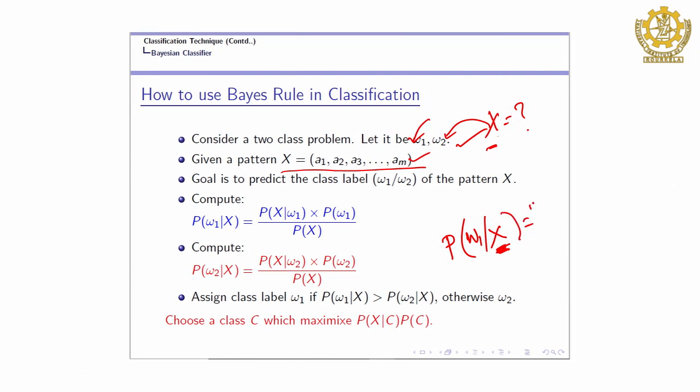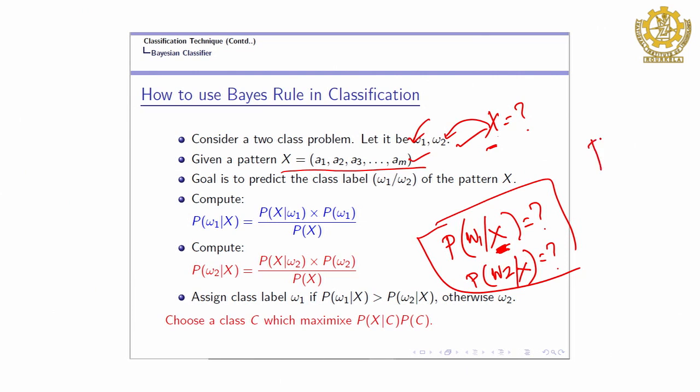We will find this using Bayes rule, and then we will find the probability of x belonging to class W2 using the Bayes rule, and whichever probability is maximum, we will consider that as the class level of x. Is it clear?